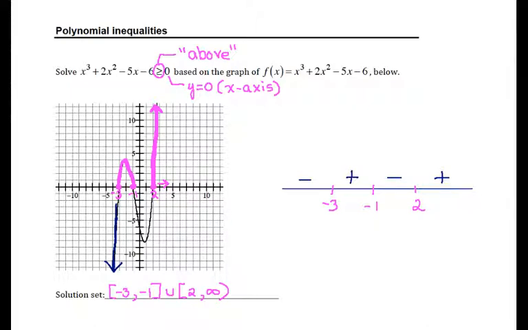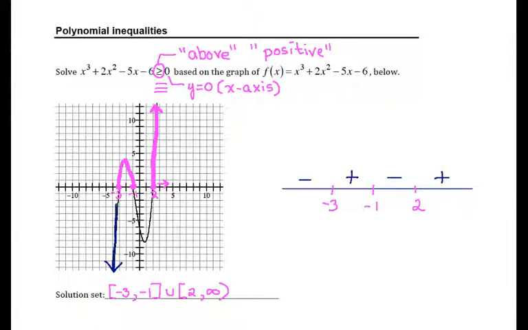Now, to figure out whether I want the positive or the negative intervals in my solution, I need to look back at my original inequality. That inequality is greater than or equal to 0, so we called that above the x-axis, but we could also call it positive. Numbers that are greater than 0 are positive numbers.